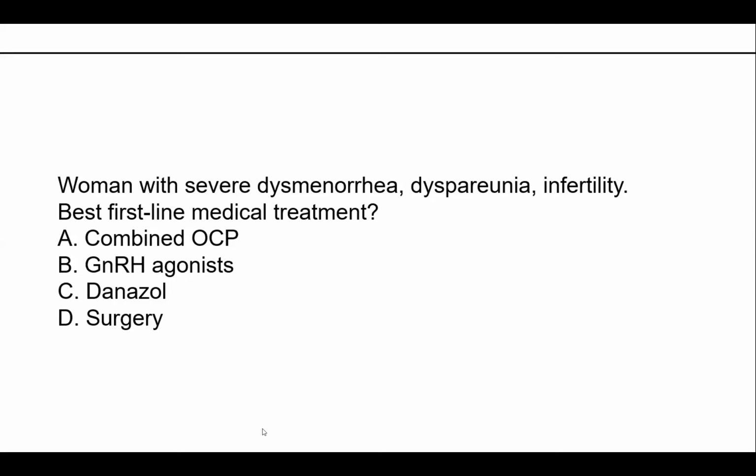So I think this question was discussed previously also. Any one of you can take this question, Mifra. Yes, ma'am. A woman with severe dysmenorrhea, dyspareunia, and infertility. What is the best first-line medical treatment?